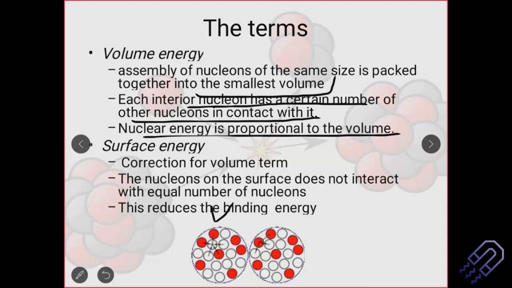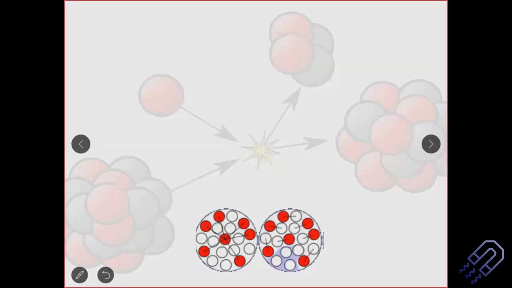This is equivalent to the liquid surface tension. It is approximately equal, not exactly equal, to the liquid surface tension. So this is what the volume term and the surface term are all about. It is very important to understand these terms, so that's why I just wanted to give you this brief here.